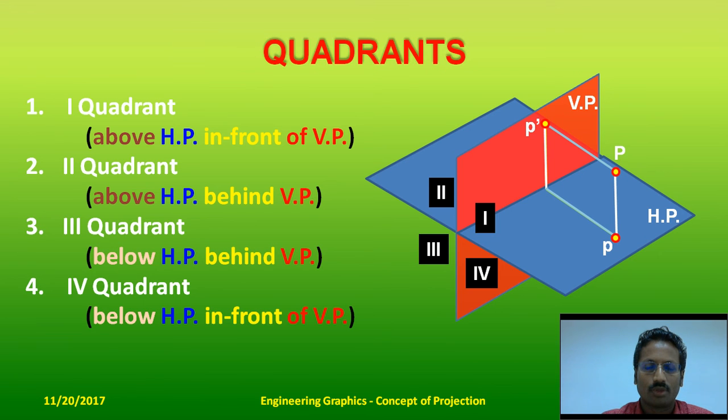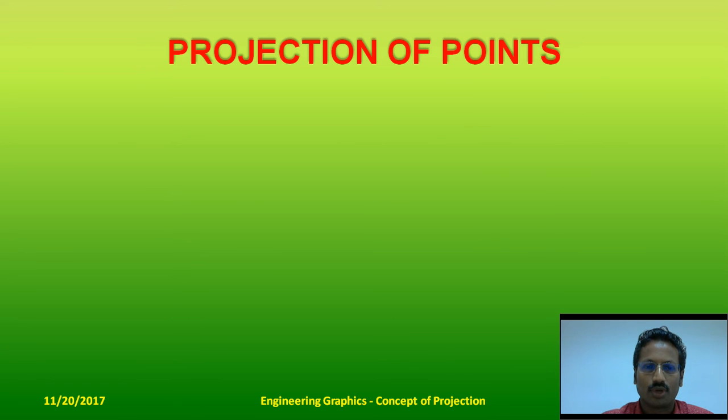So we have learned about these quadrants. Let's see about the projection of points. So draw this reference line, mark x and y, and draw a projector perpendicular to the xy reference line. I reiterate, reference line xy is nothing but the line of intersection of the two principal planes VP and HP. Mark the point P dash.